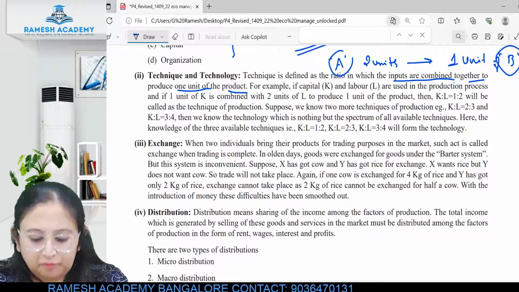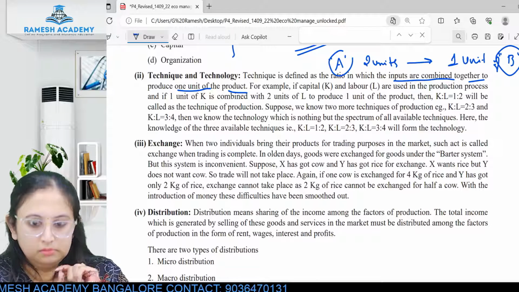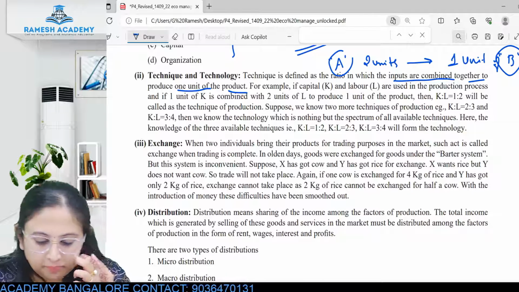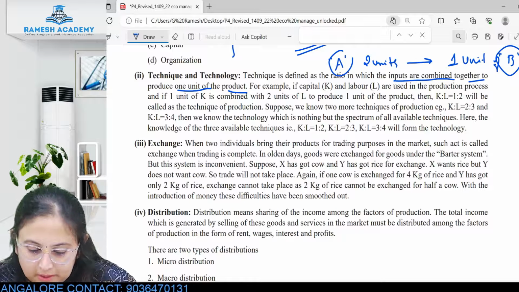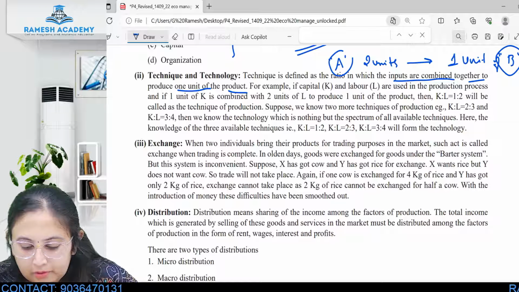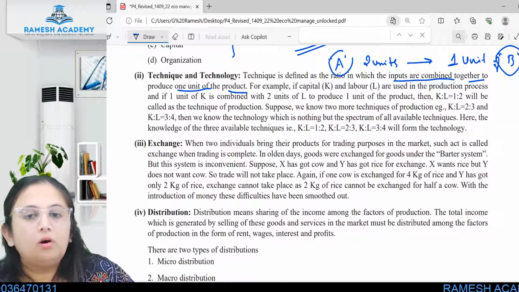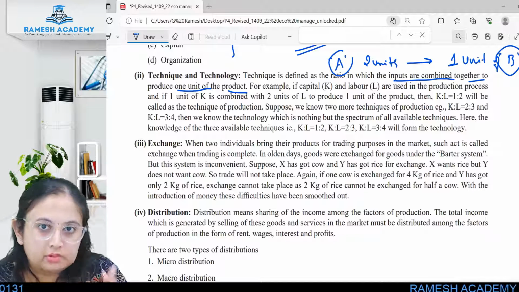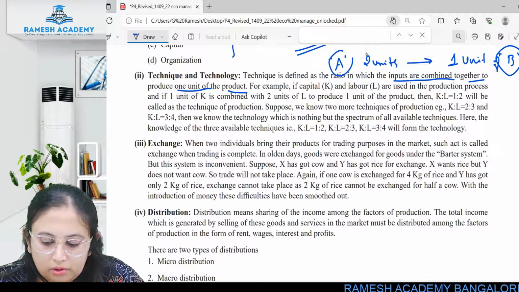So technique is defined as the ratio in which the inputs are combined together to produce 1 unit of a product. So for example, if capital K and labor L are used in the production process, that is 1 unit of K is combined with 2 units of L to produce 1 unit of a product, that is K is to L equal to 1:2. So how much of raw materials you use in order to get a product? So now I have just told you about a raw material.